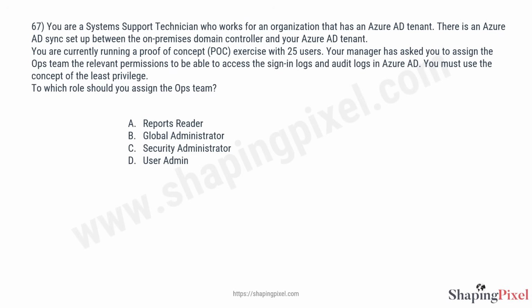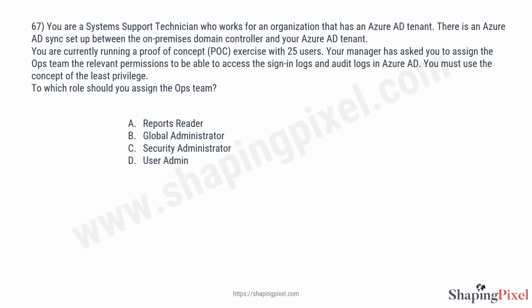Question number 67. You are a system support technician who works for an organization that has an Azure AD tenant. There is an Azure AD sync set up between an on-premises domain controller and your Azure AD tenant. You are currently running a proof of concept exercise with 25 users.